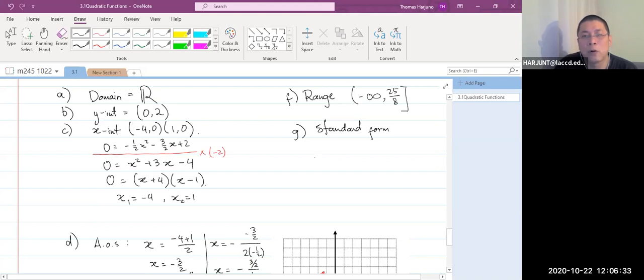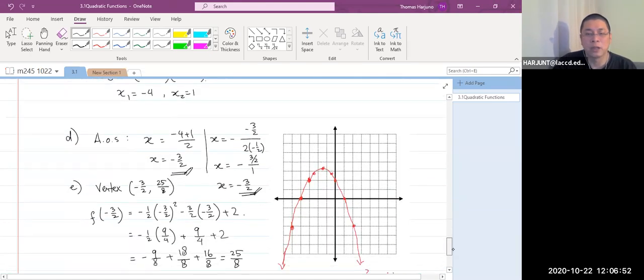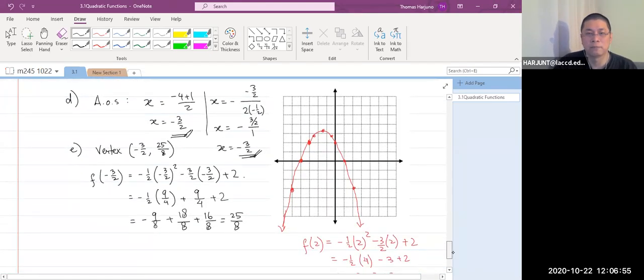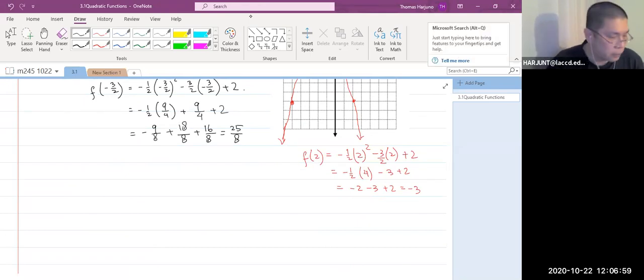And the standard form f(x) equals -1/2 (x plus 3/2) squared plus 25/8. Okay, and that's the graph. I hope that's okay.